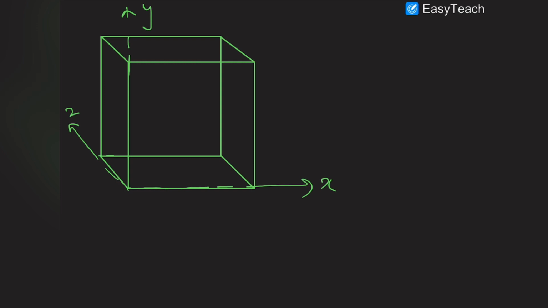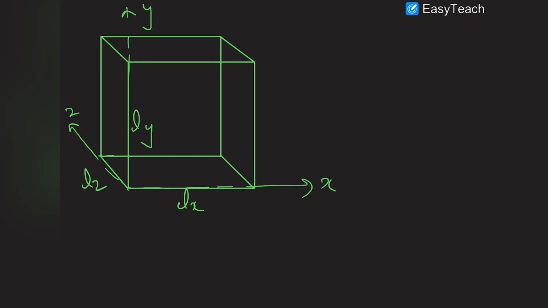So let us suppose that this length is Lx, length measured in x, this length is Lz, and this length is Ly.